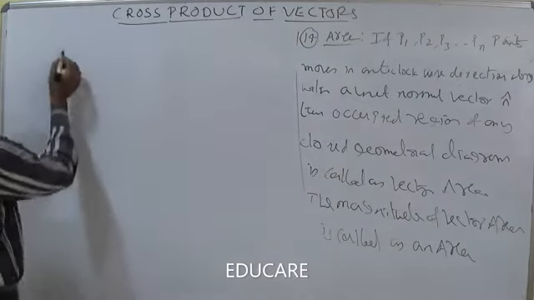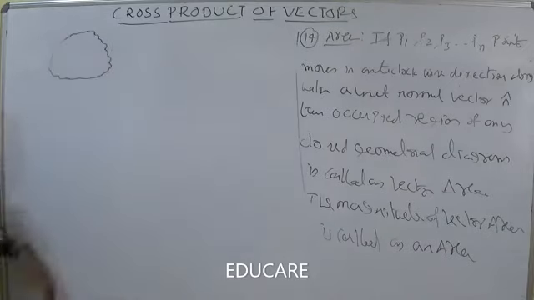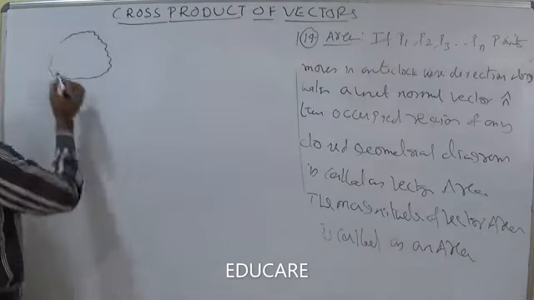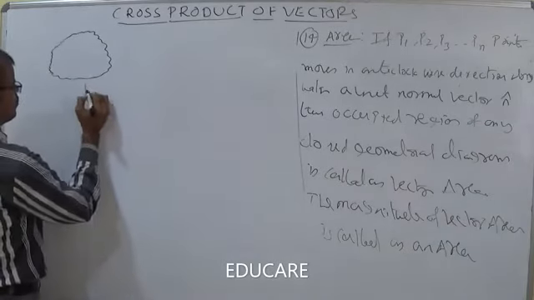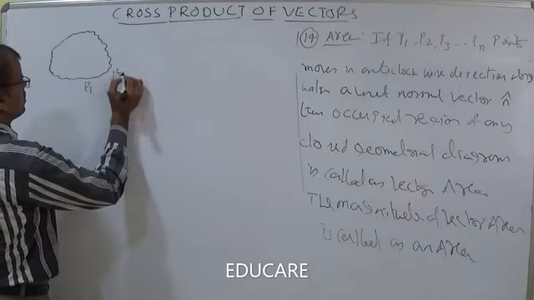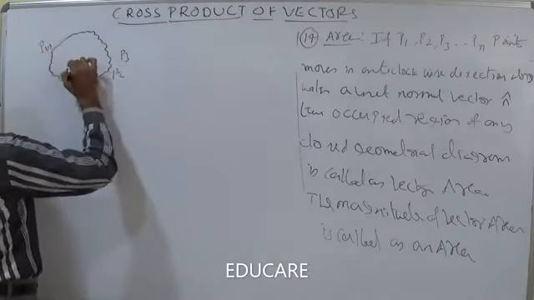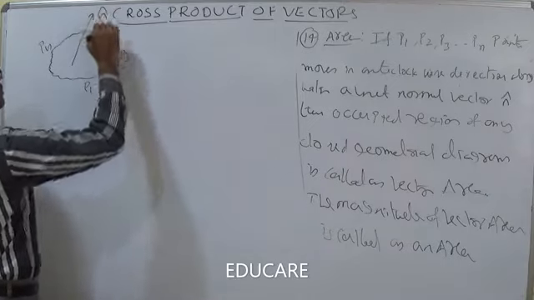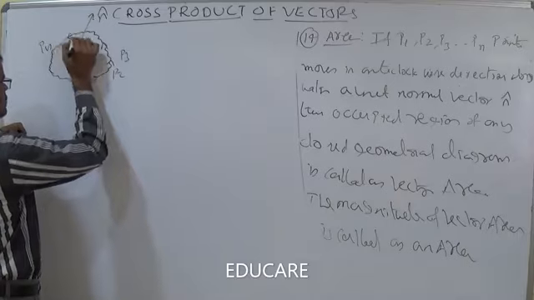Let us discuss a geometrical figure. I have taken an asteroid; any one closed figure you can take. Here put the point P1, here P2, P3, and so on, Pn. This is the direction, P1 goes like this.